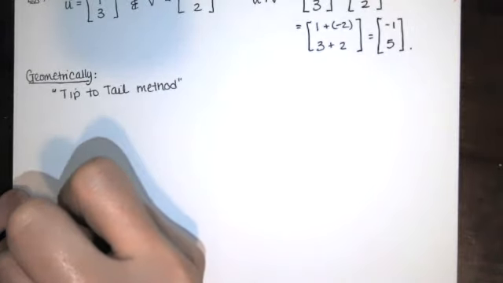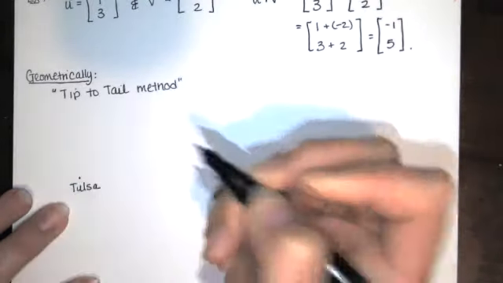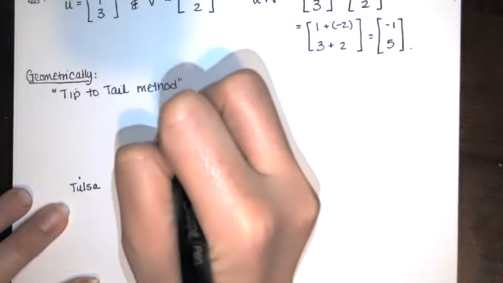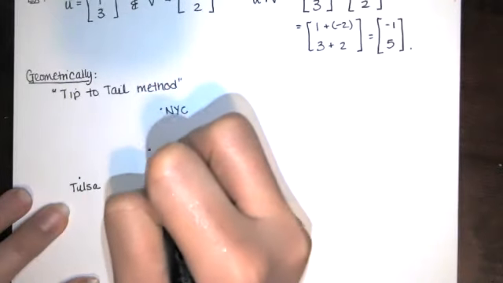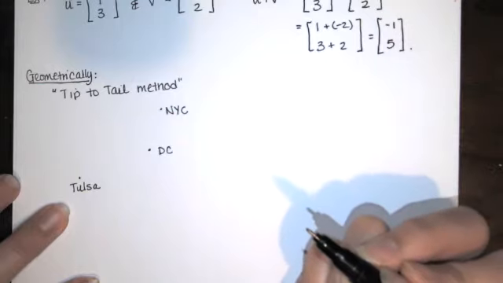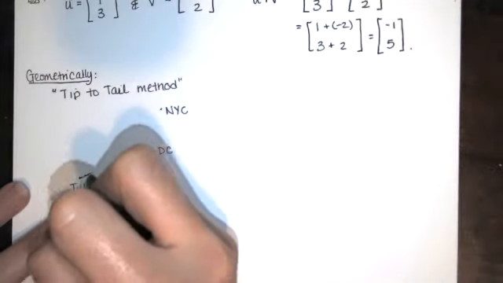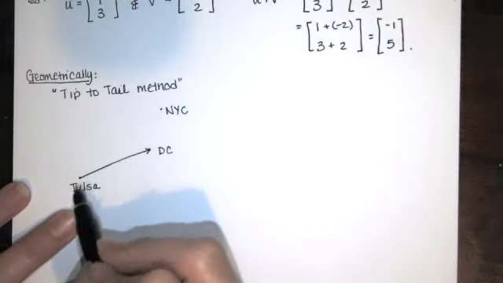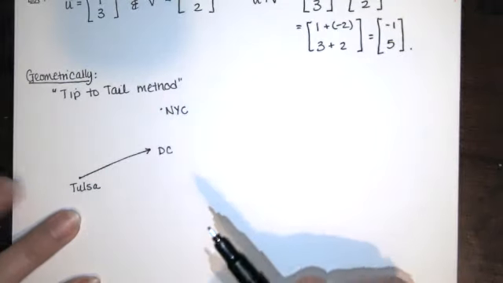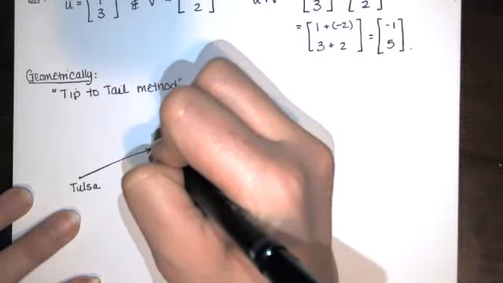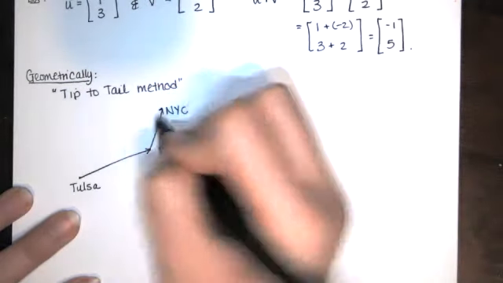So let's say I'm in Tulsa and I want to go to New York. And on my way to New York, I have a layover in DC. So in terms of displacement, my first displacement is from Tulsa to DC. Then my second displacement is from DC to New York City.